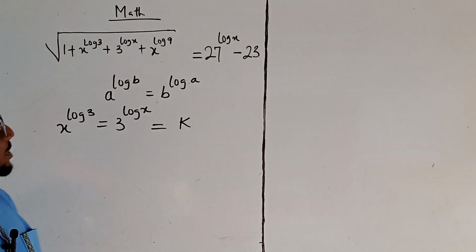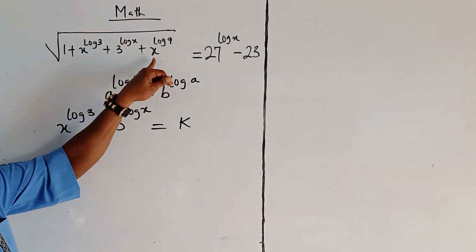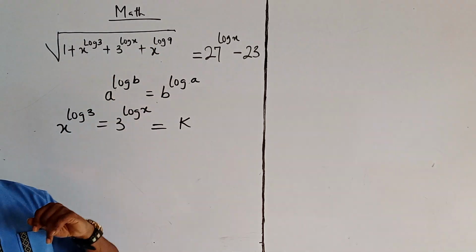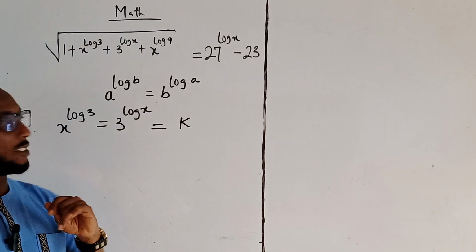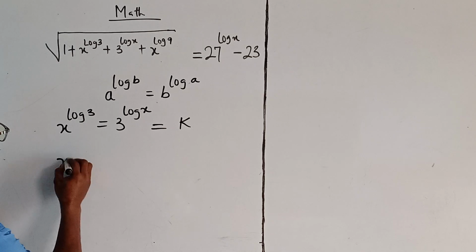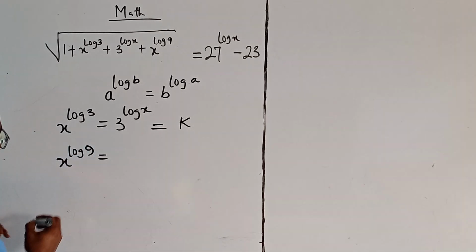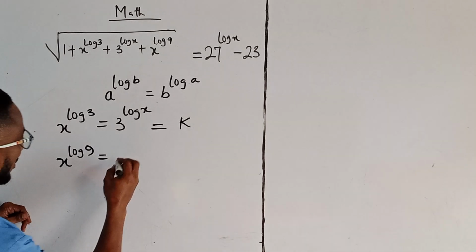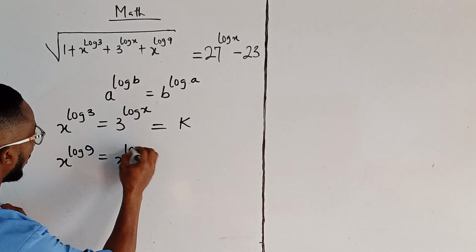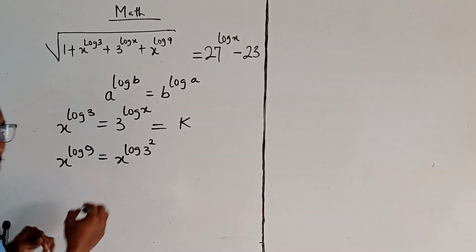Okay, having established that, we are then going to simplify s to the log to base 10 of the argument 9. I will now say s power log 9, and 9 is 3 squared. s power log 3 squared.